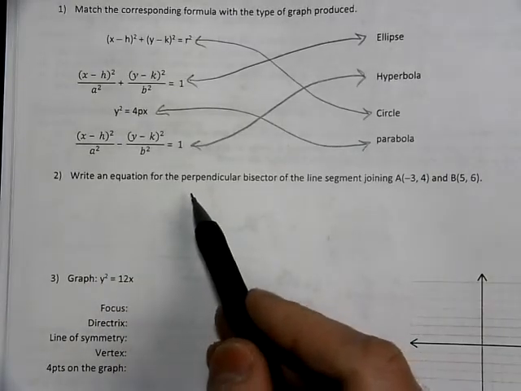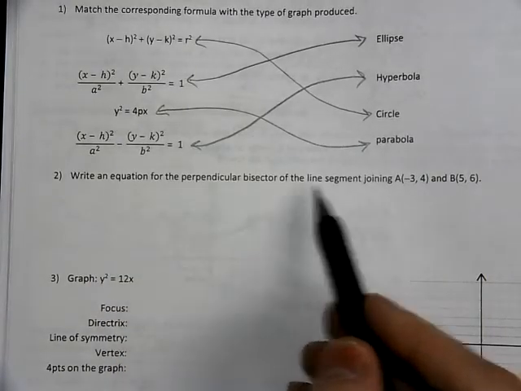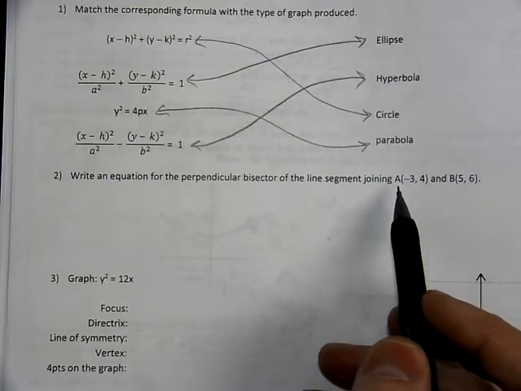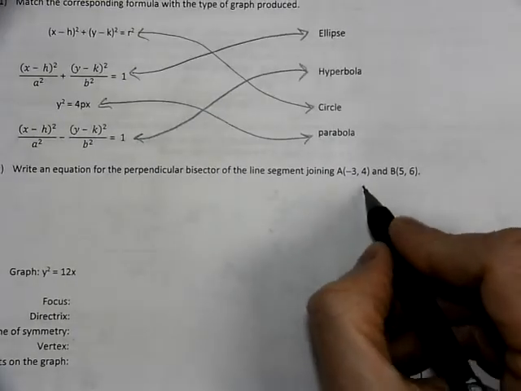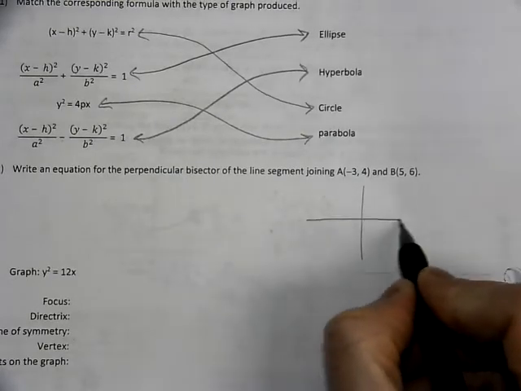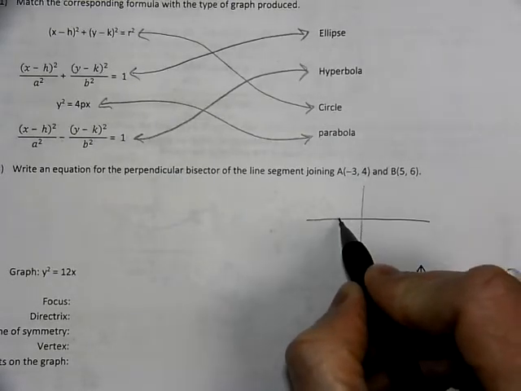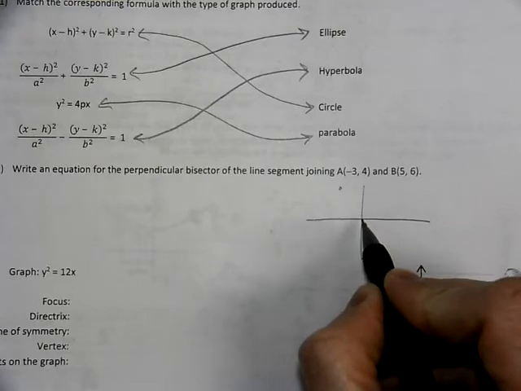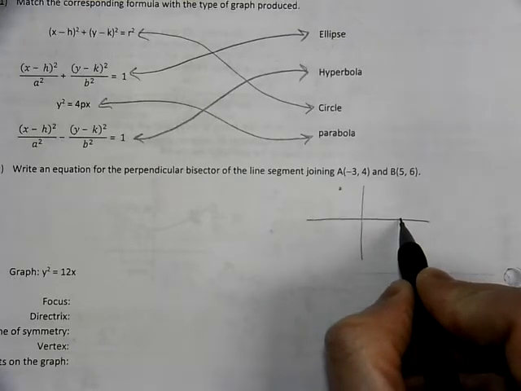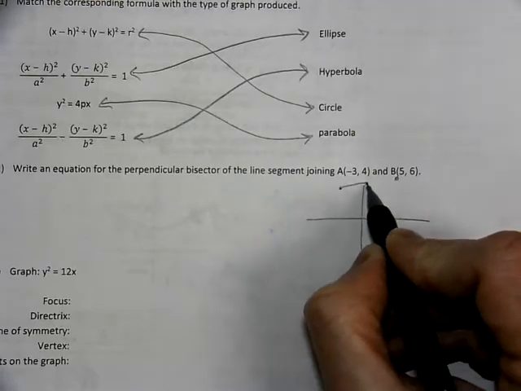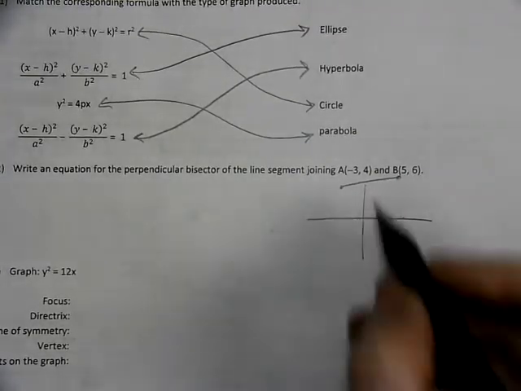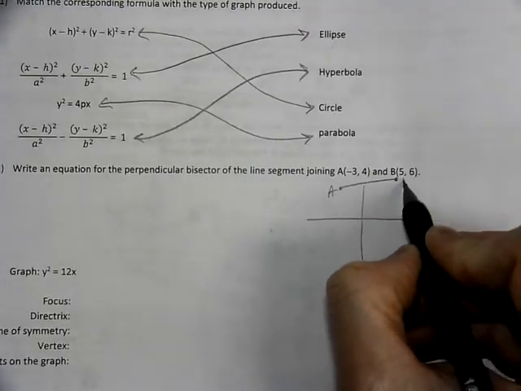We're going to write an equation that's a perpendicular bisector of this segment. So I often like to make a sketch. -3, 4, 5, 6. So there's our segment AB.